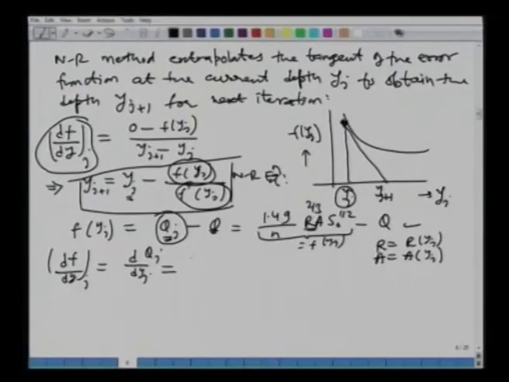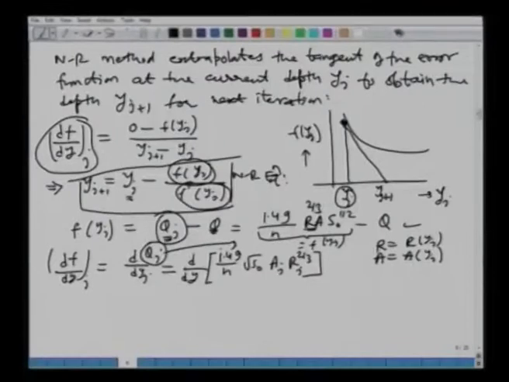This will be equal to d over dy of 1.49 over n under root S, and then you have A j R j to the power 2 by 3. All I have done is d over dy of Q j, and for Q j you have put this value here.